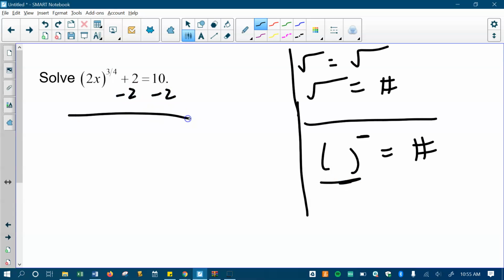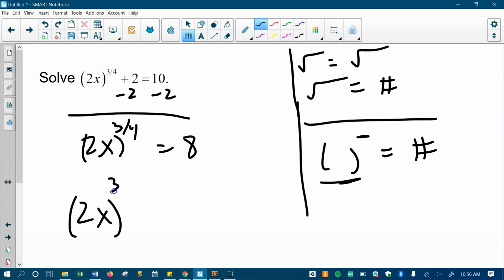So minus 2 minus 2. I get 2x to the 3/4 equals 8. And now to get rid of the 3/4, I have to raise everything to the 4/3. I need to do the reciprocal on both sides.